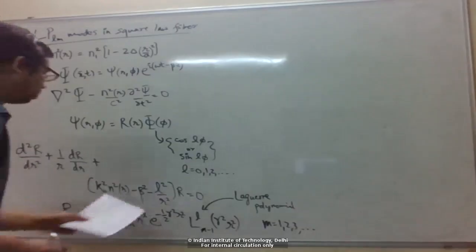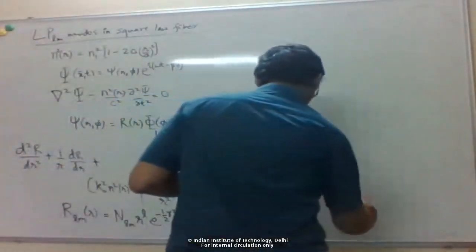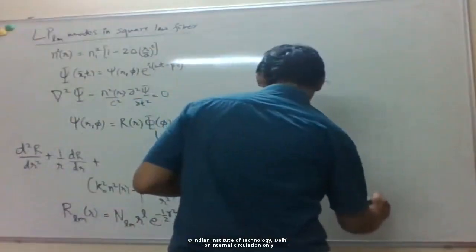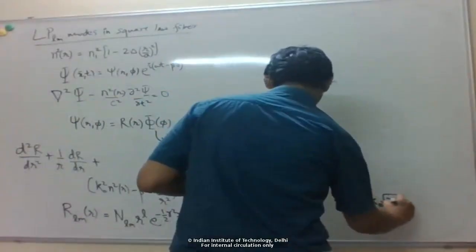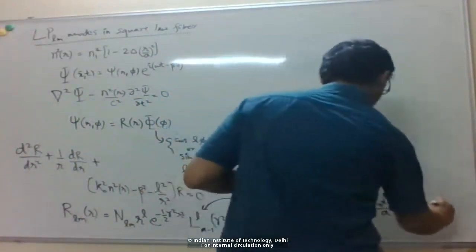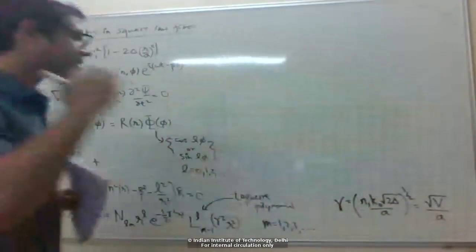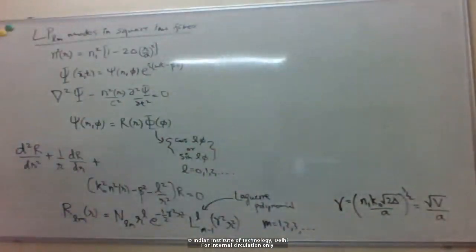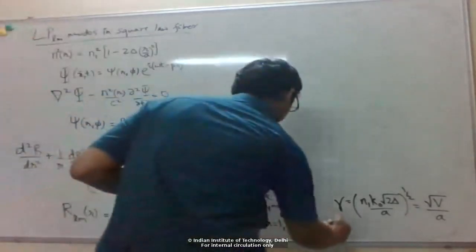So what is this gamma here? Gamma is the same as what we had in the last class. It is the square root of V number divided by the core radius. And this N_LM is a normalization constant.